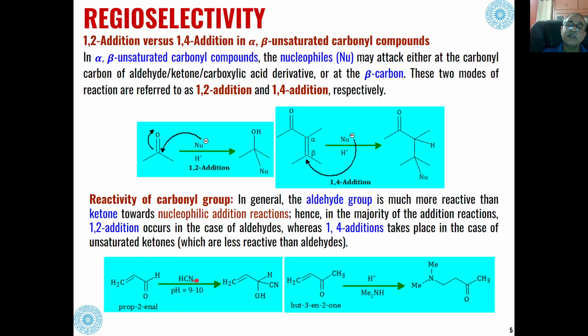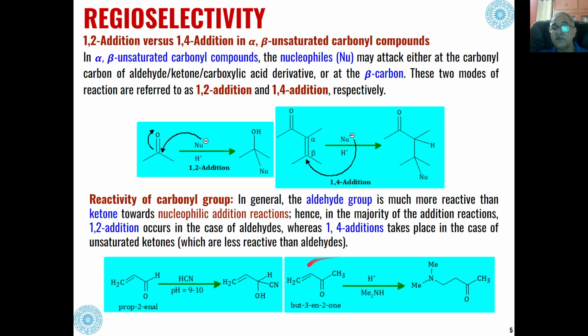If we add HCN and the reaction is taking place under alkaline conditions, nucleophilic addition of the cyano group at this carbonyl system will take place and the addition is a 1,2 addition reaction.